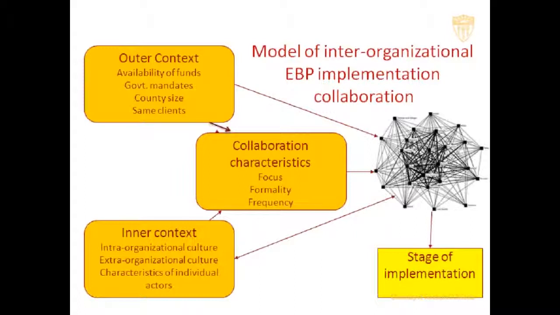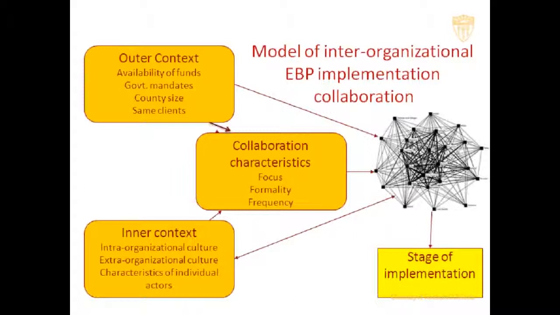These two contexts also appear to have some influence in the nature of the collaboration itself. So whether the focus is on implementing a particular intervention like MTFC or a series of interventions designed to meet the needs of a particular group of clients or population, how formal that collaboration is, you know, whether there's a memorandum of understanding or simply a handshake between the heads of two agencies who've known each other for a number of years, and then how frequently people work together, interact, you know, whether there are regularly scheduled meetings or scheduled as needed.